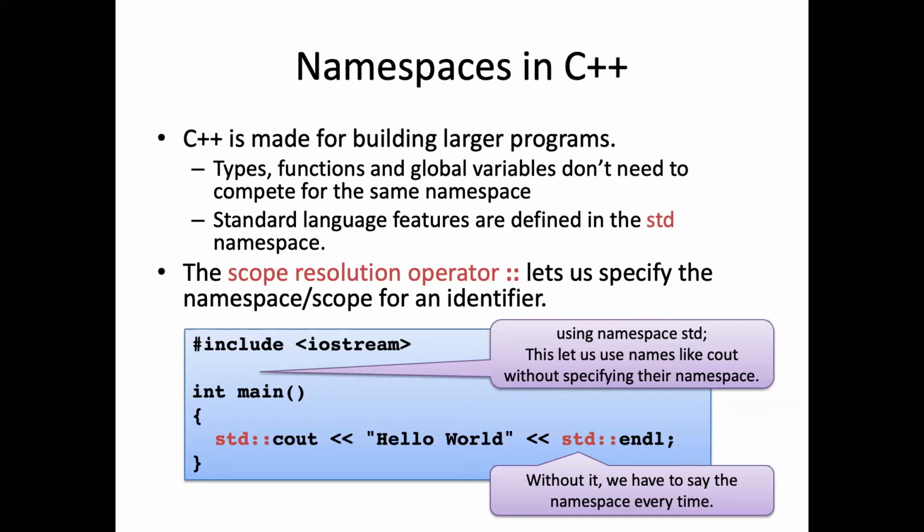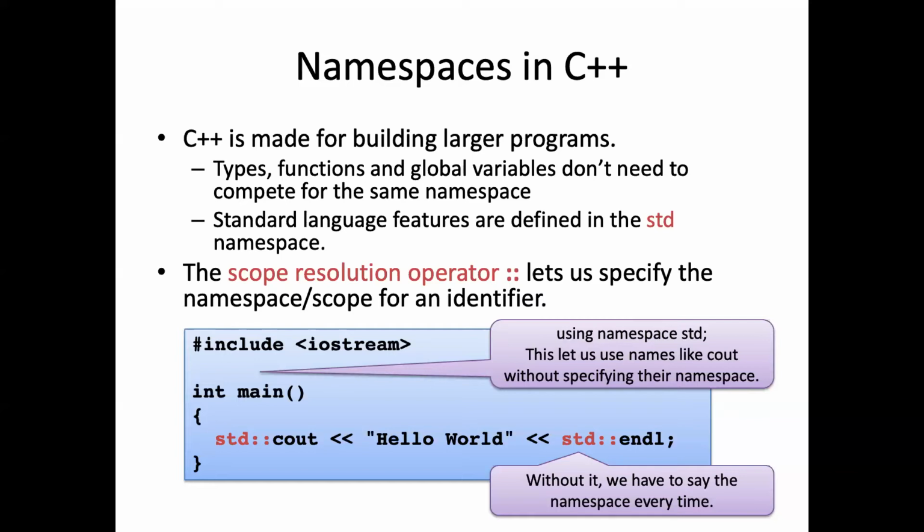And when you include things like IOStream, you get access to a bunch of symbols, a bunch of function names, a bunch of type names, some object names like cout, but they all live inside a namespace called std. We've been avoiding having to talk about this by putting that using namespace std near the top of our code.